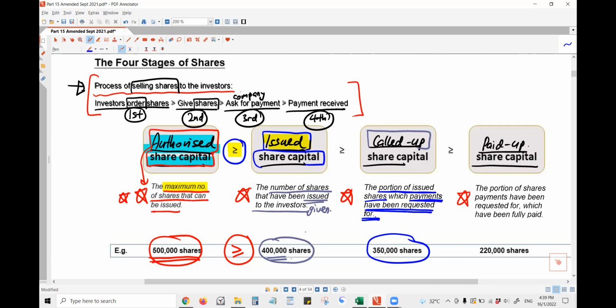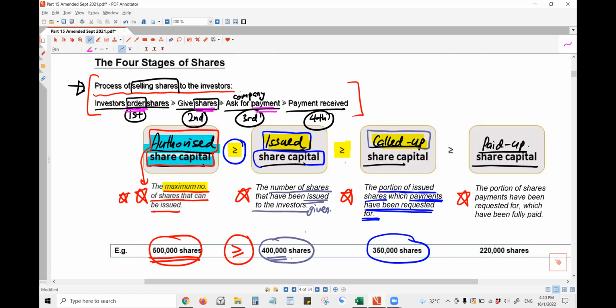Logically it should be lower than or equal to issue share capital as well, because of the sequence you have seen just now. In the process of selling shares, you place an order first, then get the shares, and then the company will ask you for payment.